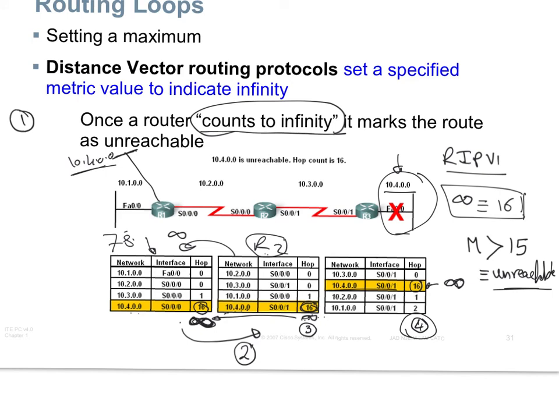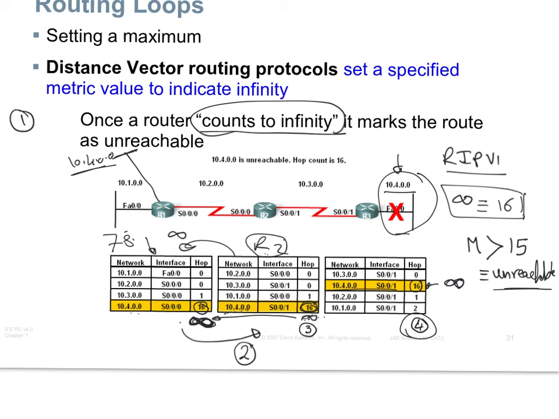Which essentially means, by the way, that the maximum number of hops in any RIP version 1 network cannot exceed 15. The maximum number of hops. Is the point clear? So anything beyond 15 becomes 16. 16 for me is infinity, and this means that this route is unreachable. So I should never use it for routing.